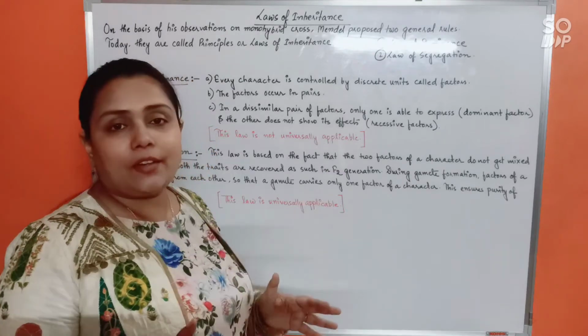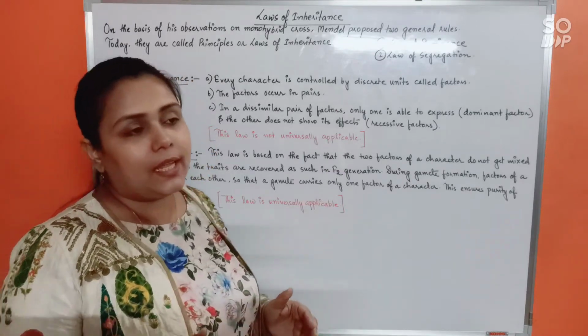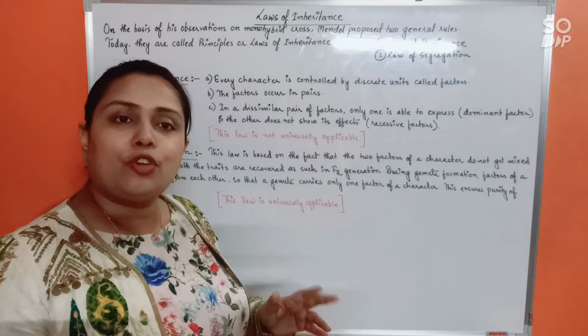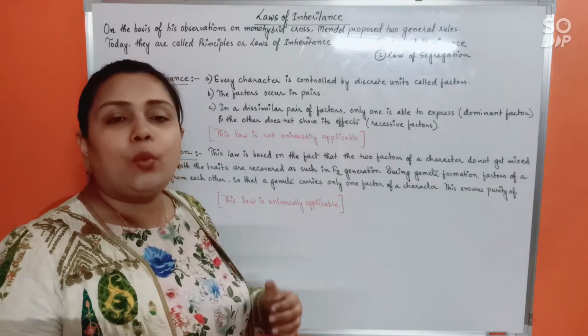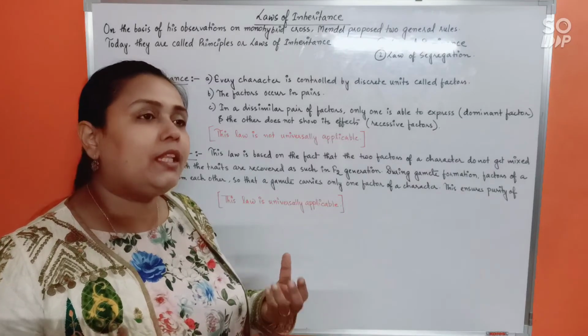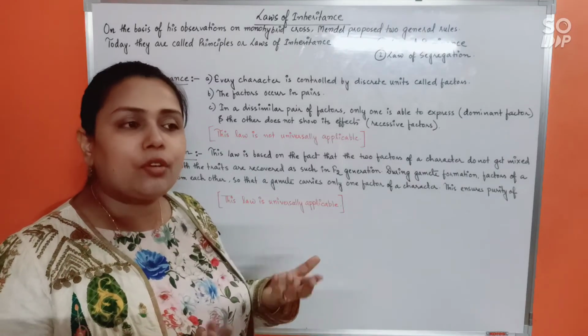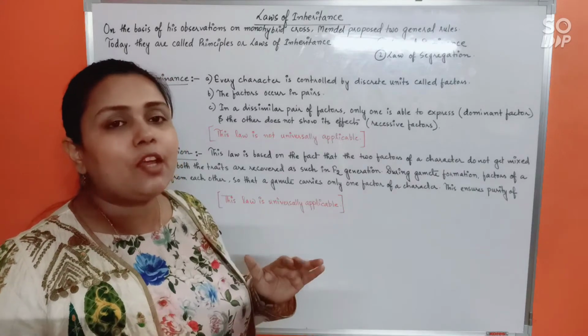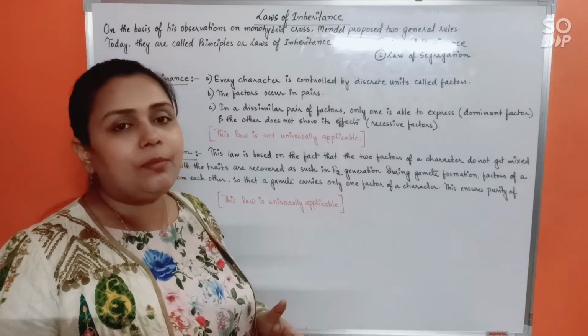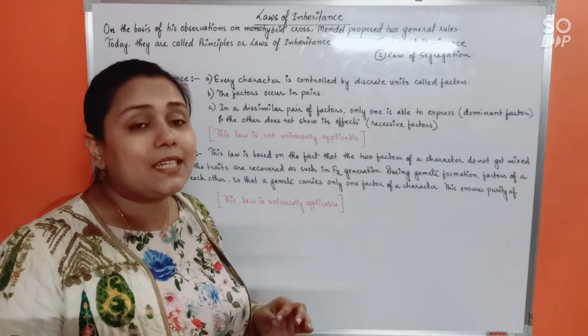So in law of segregation, what Mendel first stated is that whenever two dissimilar factors remain together, they would not show any kind of mixing or blending. Rather, even after being together, they would behave as discrete units.